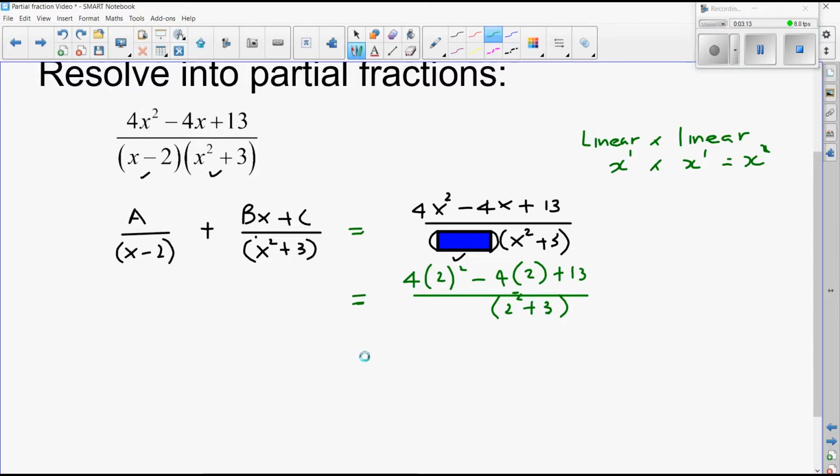We quickly calculate this. 2 squared is 4, 4 times 4 is 16, subtract 8, plus 13. And remember, this is going to give me the value of a. So I got 4 plus 3 will give me 7, and in the numerator, I have 21 over 7. So I've got that the value of a is 3.